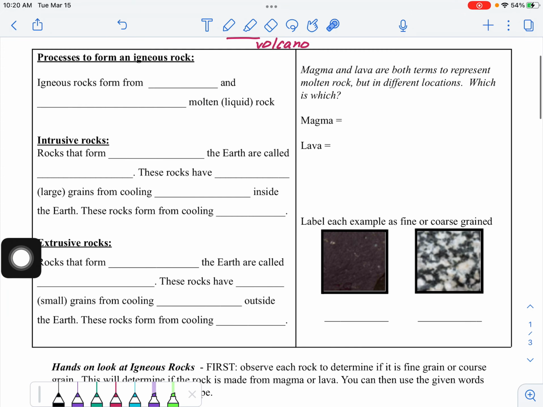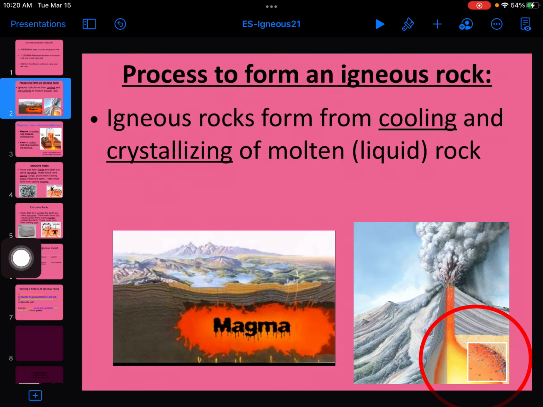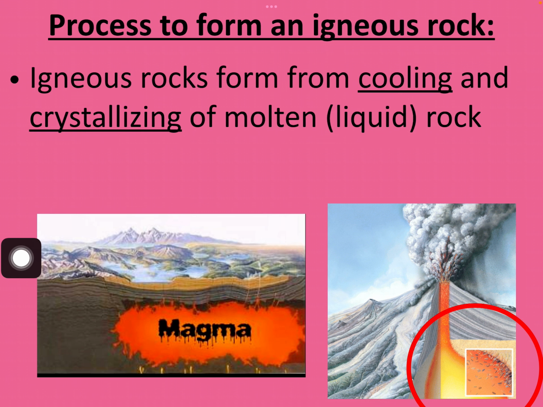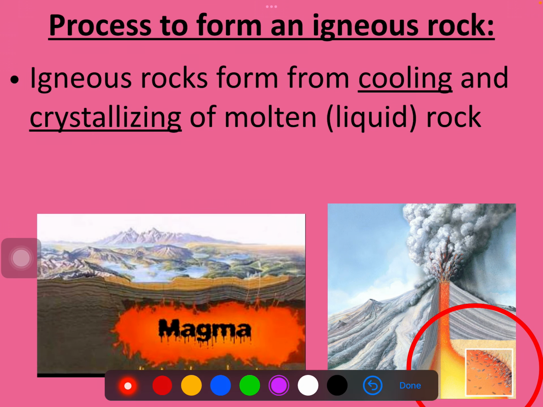So starting out with the process for an igneous rock, here's what we want to know: these rocks are coming from this molten magma or hot lava, and they're cooling and crystallizing to become the rock that we see today.